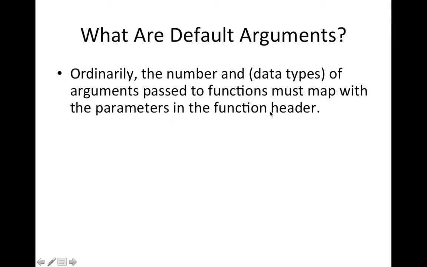And the meaning of that is that if I'm passing 3 arguments, then the function call should have 3 arguments, and data type of argument 1 should match the parameter 1, data type of argument 2 should match the parameter 2, and so on. So there's this mapping required.